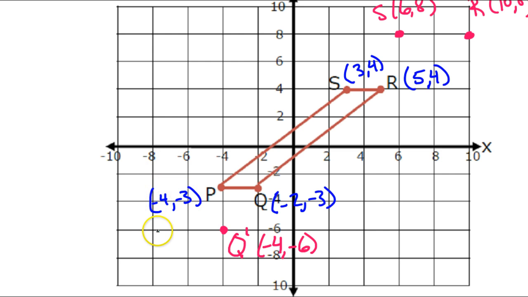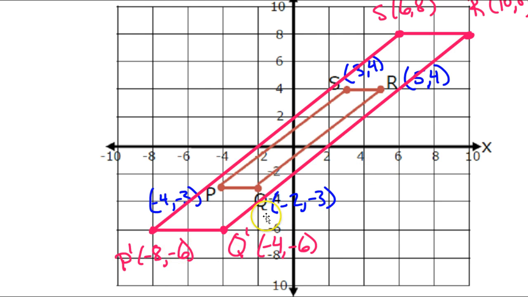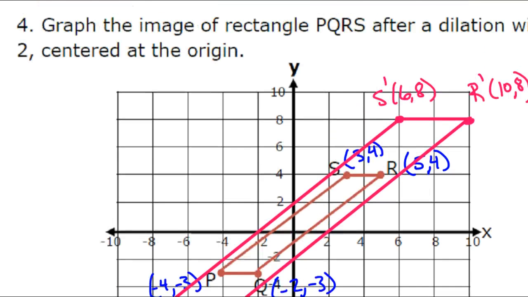So -8, -6 would be right here. So that'll be P prime. All right, and now I'm just going to connect those vertices. And there you go. Notice once again that all of the sides are parallel with the original image. So that was number 4.